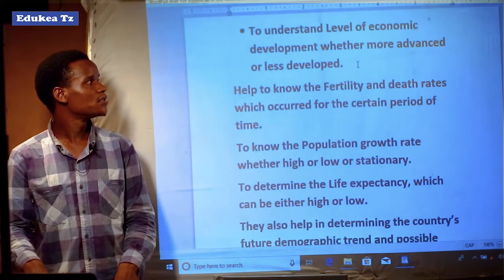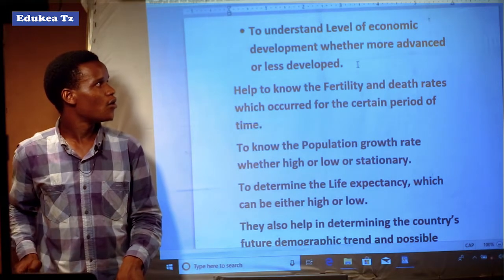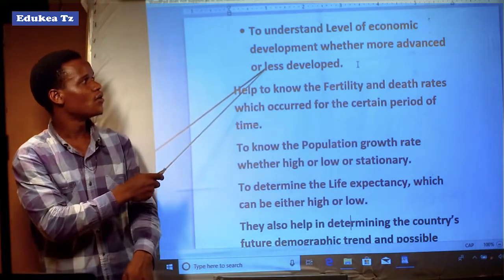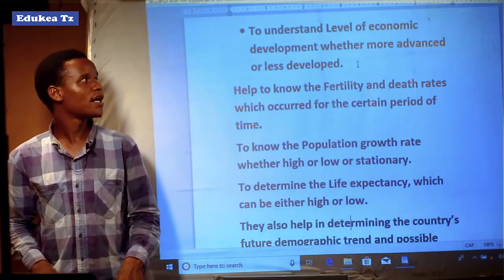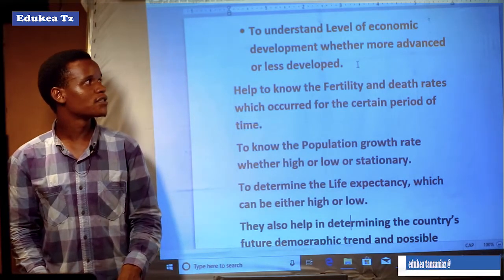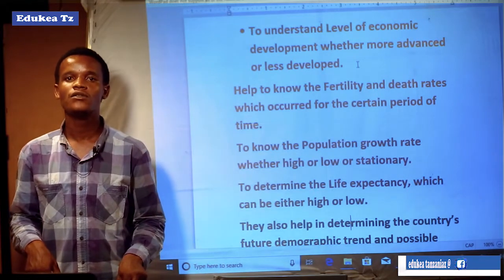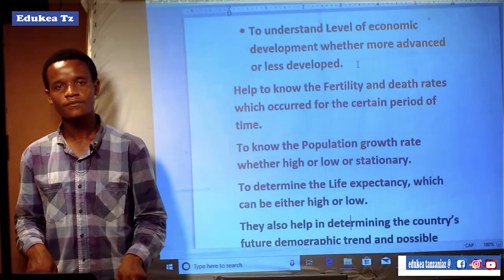Another point is to understand the level of economic development, whether more advanced or less. Through the population pyramid, we are able to understand the level of economic development. For example, the population pyramid of our country Tanzania tends to differ from that of China, for different reasons.